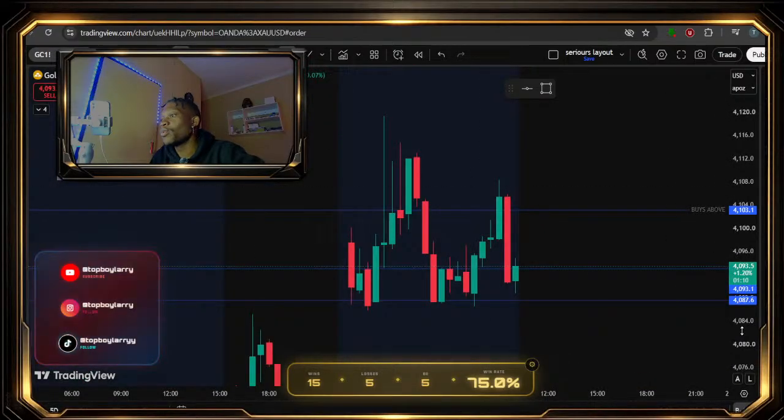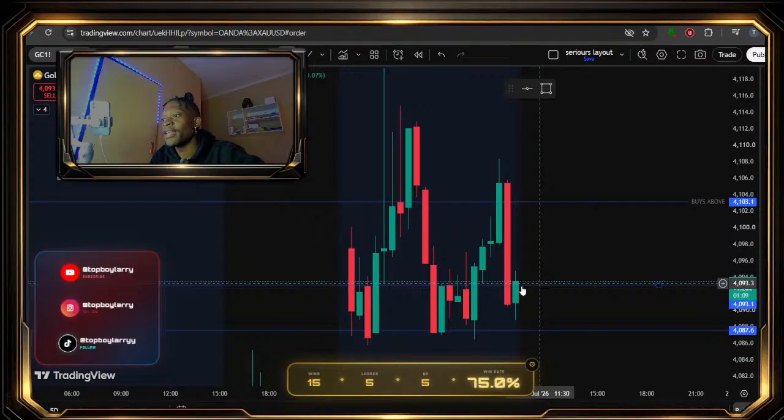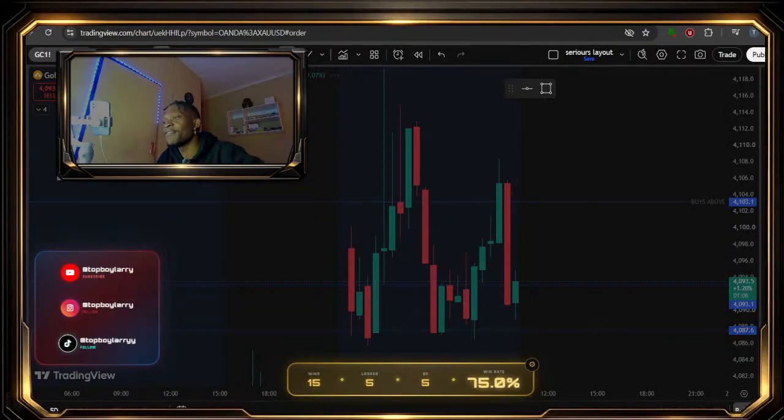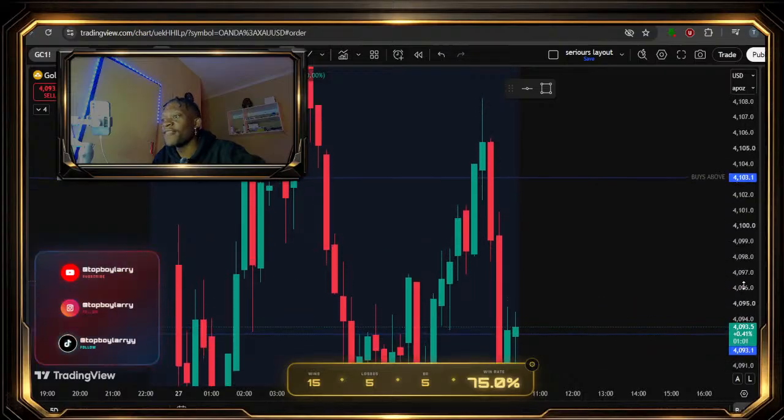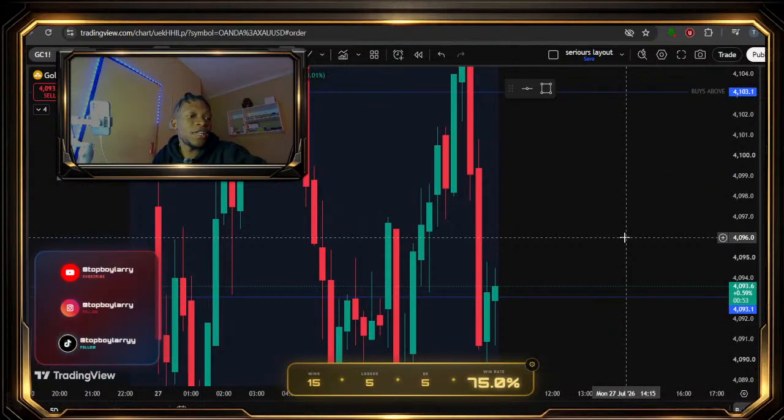Yeah, 1 minute to a closure here, guys. Let's see the 15 here. I haven't been looking at the 15 actually. Yeah, the 15 gave us a good closure back above here. 50 seconds, guys, to a closure here.